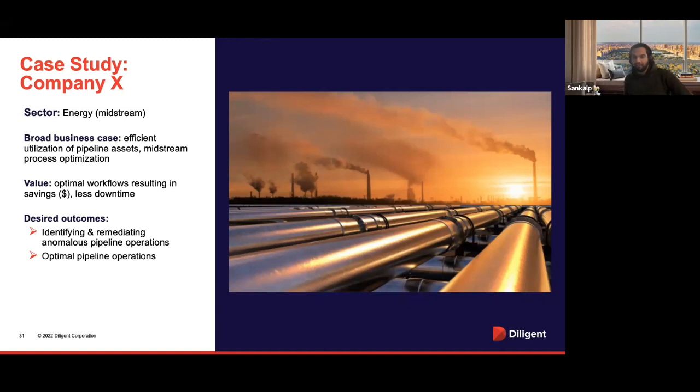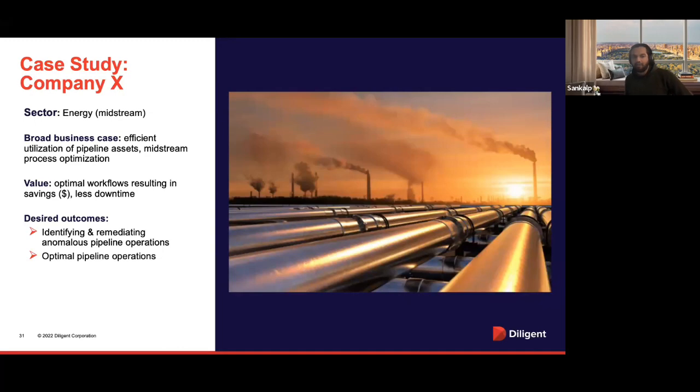So the desired outcome is, if there's a way to identify and remediate any abnormal pipeline operation, then that's great, because they can schedule maintenance right away and hopefully prevent any abnormalities in the pipeline that would shut it down if not taken care of.